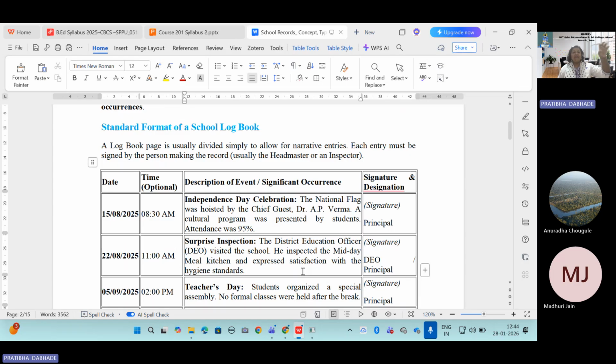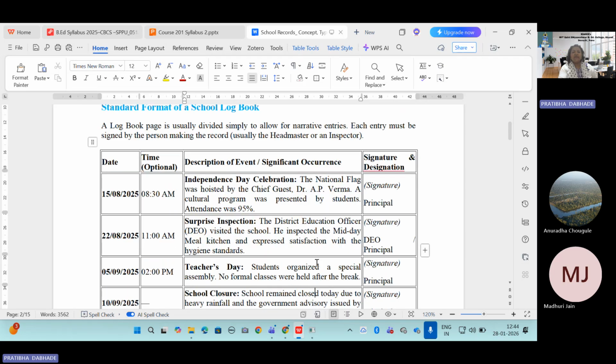On this particular day, the district education officer visited the school at 11 a.m., inspected the midday meal kitchen and gave a satisfactory remark regarding the hygiene standard. Here you can see the signatures of both the principal and the district education officer. I'm just showing you the format so that you will understand it in a better way.